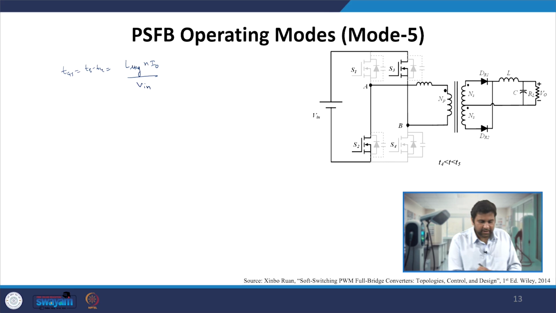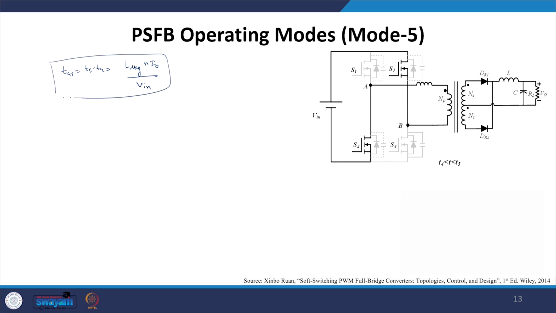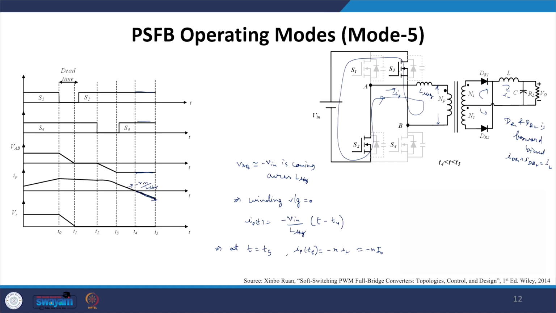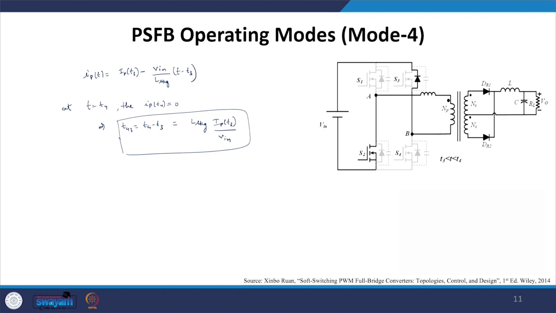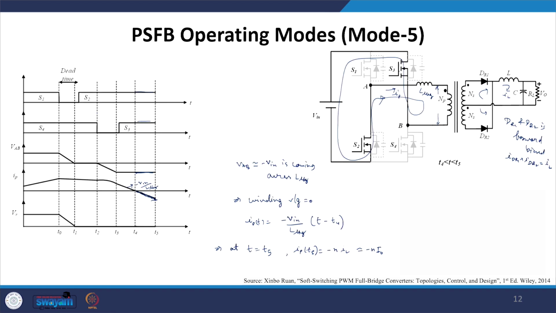So this is the time T4 to 5 we have with us. We have time T4 to 5, time T3 to 4, and time 2 to 3, so we have all the times with us and we can do the analysis with this.